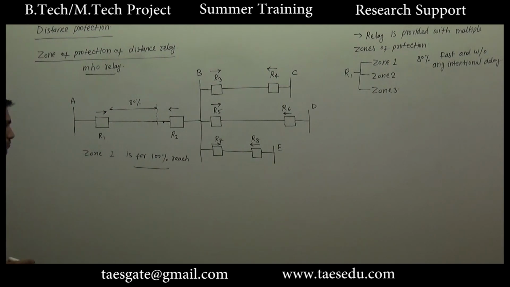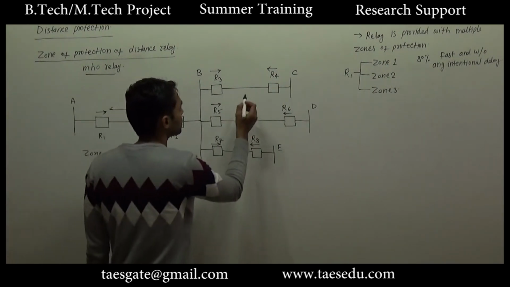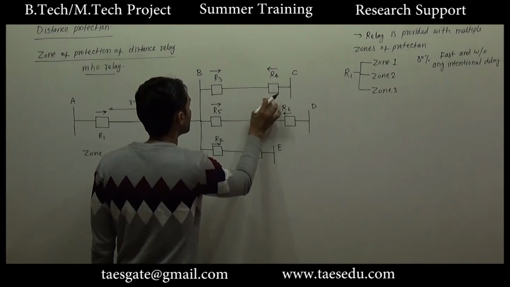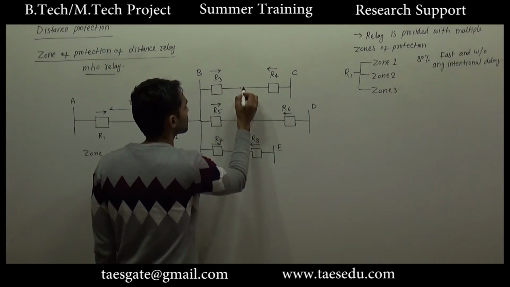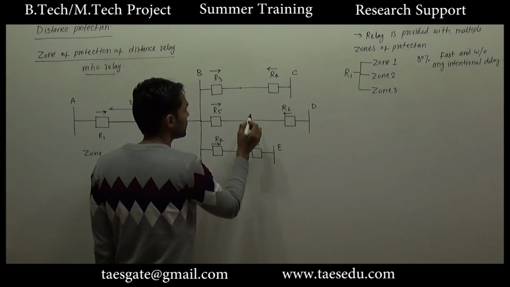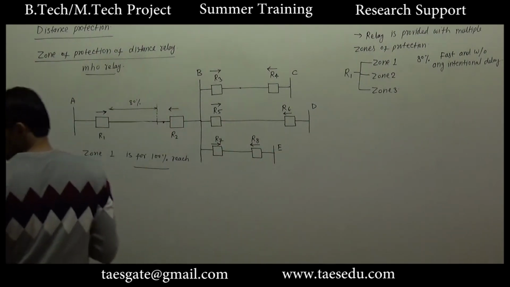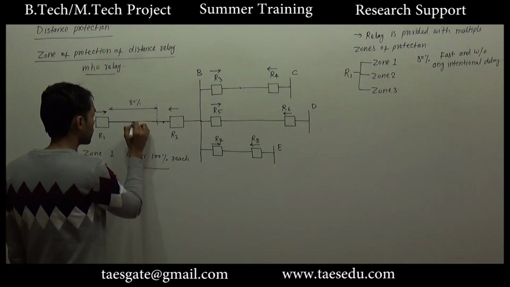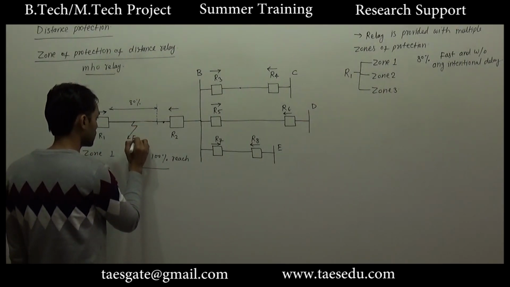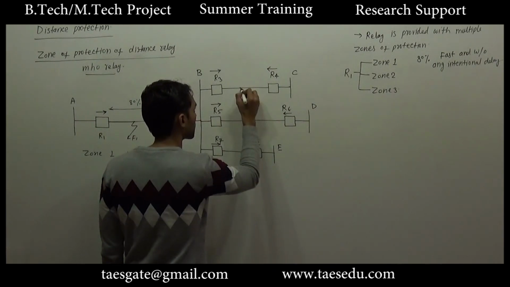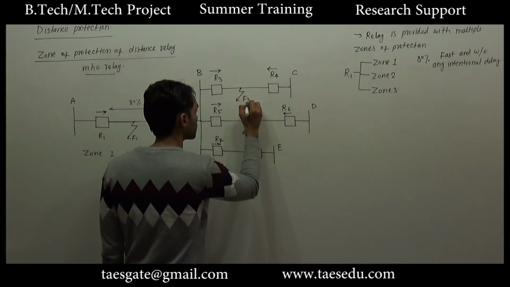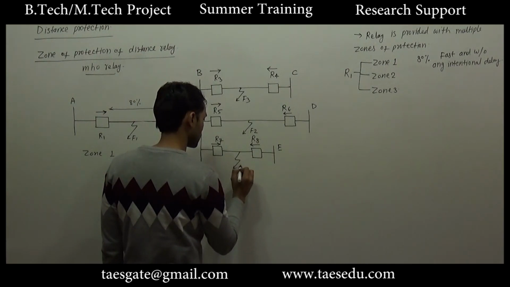For any fault between bus B and C, R3 will provide primary protection. Similarly, if any fault occurs here, let's say this is fault 1, this is fault 2, this is fault 3 and this is fault 4.